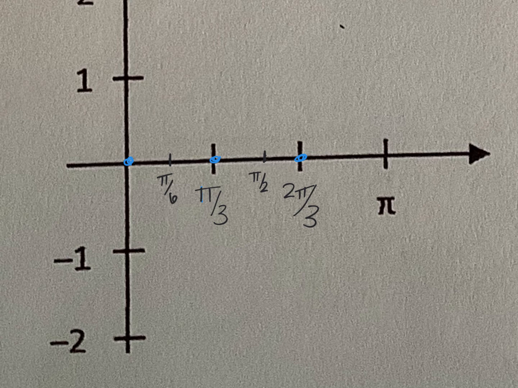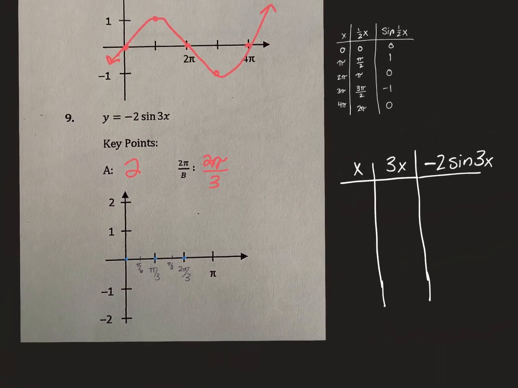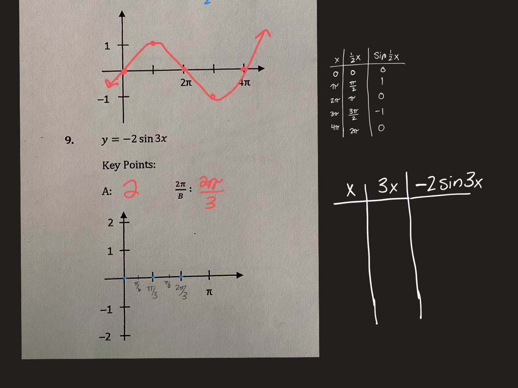No. Because our function's only really going to go to here. So in our chart, we're going to have 0, pi over 6, pi over 3, pi over 2, 2 pi over 3.